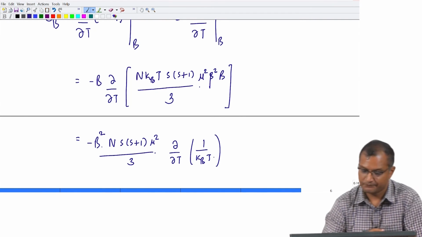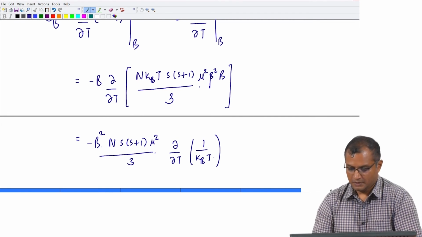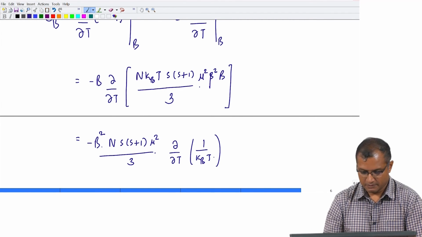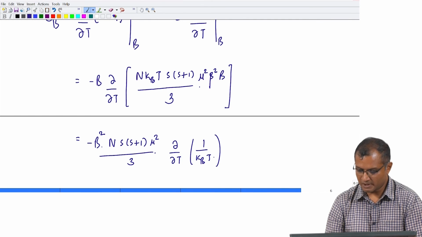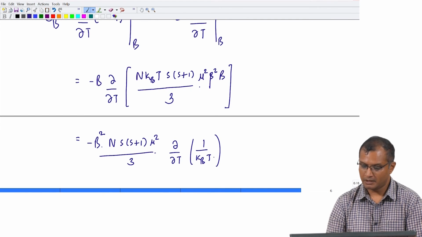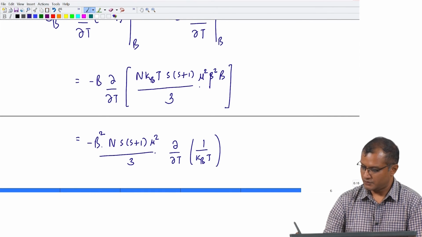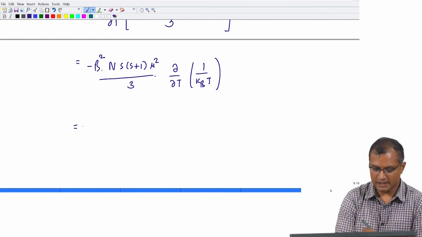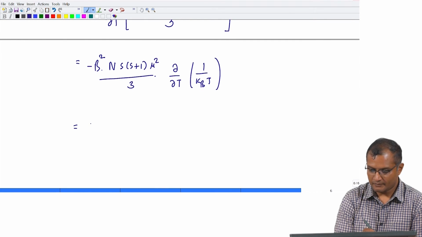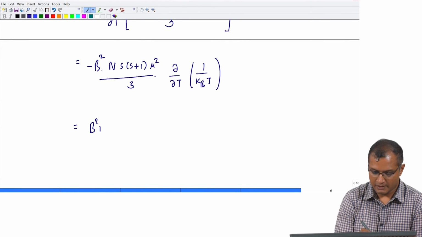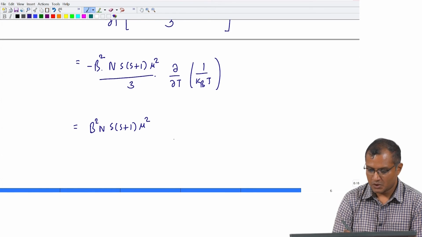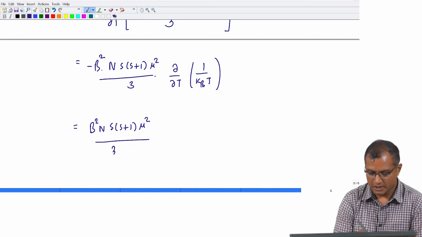Is it okay? B becomes B square, kT into beta square is just 1 upon kT, and s into s plus 1 comes outside. So, what I will get now is basically B square N s into s plus 1 mu square over 3 kB T square.